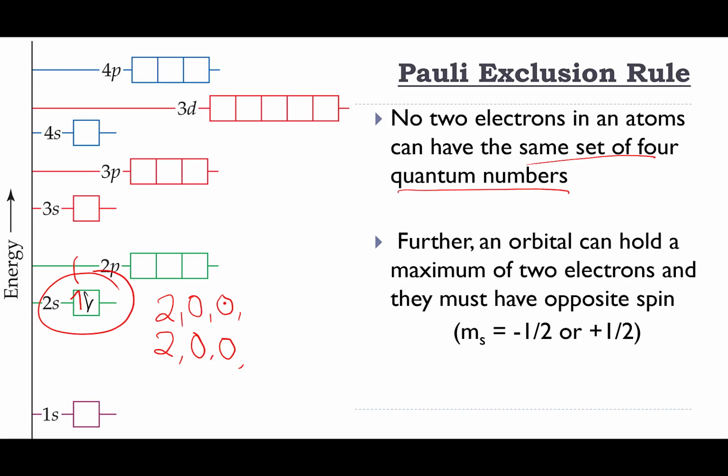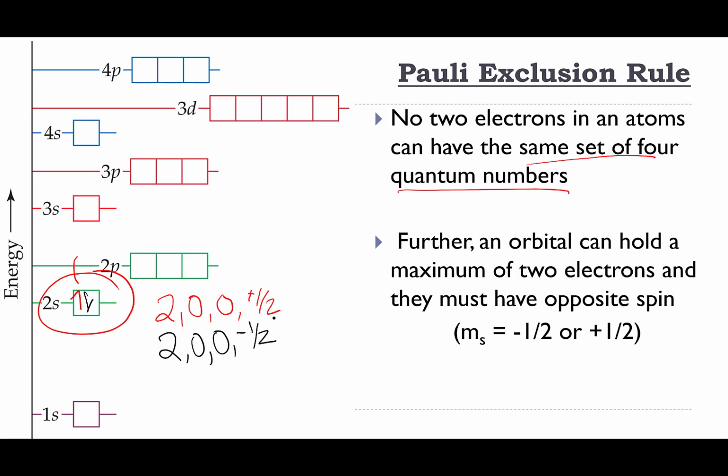Only one way to orient that, so that's a 0. And he lives on the top floor, so he has a positive 1/2 as his spin magnetic. And then if I go to the black arrow, we'll see that he's also in the second energy level in an s orbital. But he lives on the bottom floor, so his spin magnetic is negative 1/2.